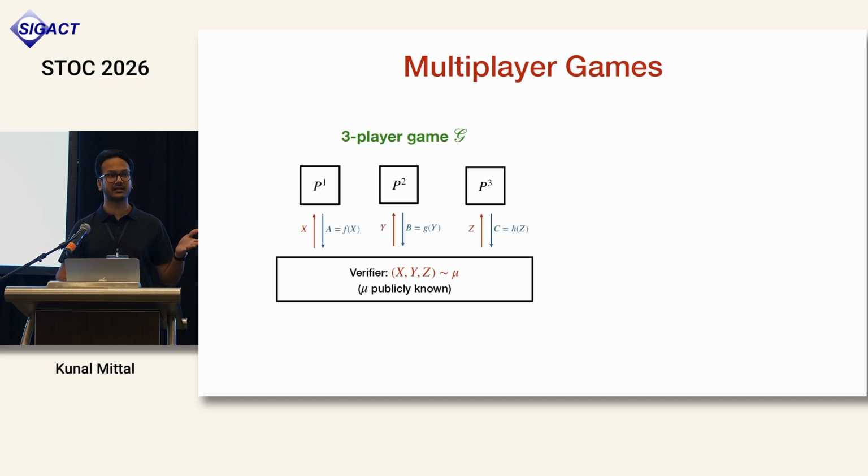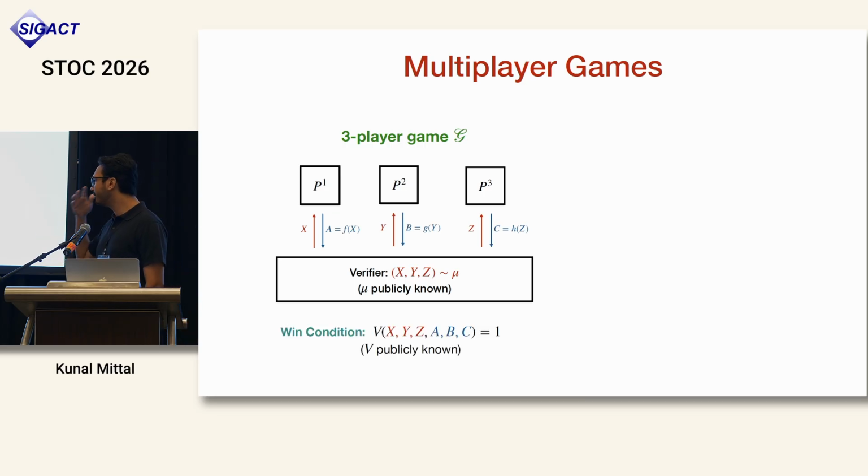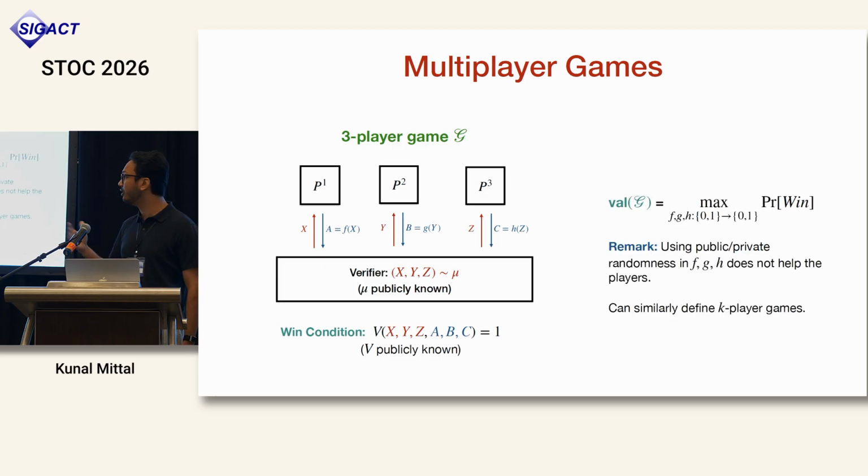They give back some answers, A, B, and C. None of these are required to be bits now, as in the previous example. Now you have some arbitrary win condition V on X, Y, Z, A, B, C. And again, you have the same value of the game. The value is the max over the functions f, g, h of the probability of winning. This is a typo: f, g, and h may not be from {0,1} to {0,1}. They are from arbitrary sets, from the first input to the first output and so on.